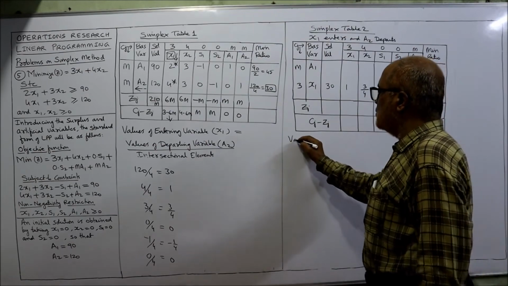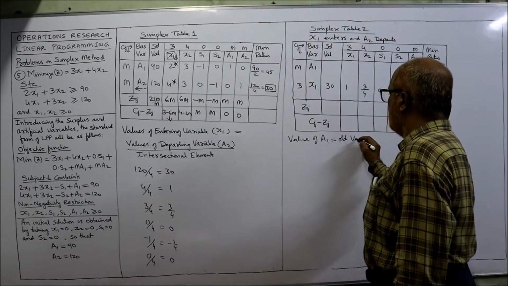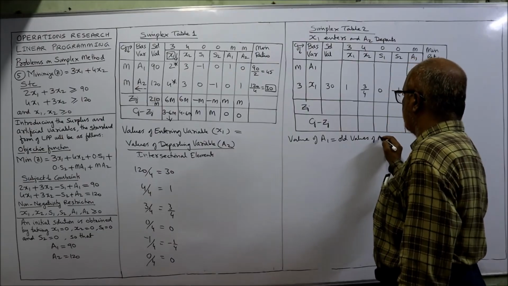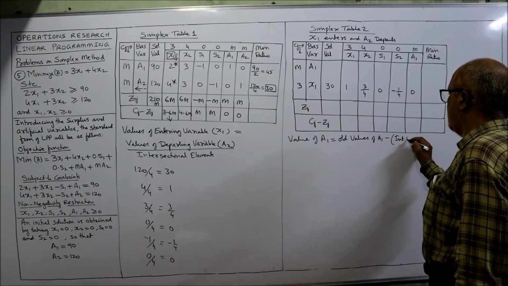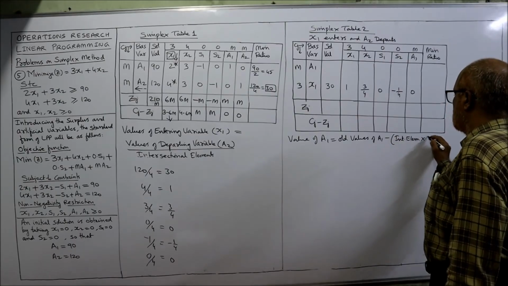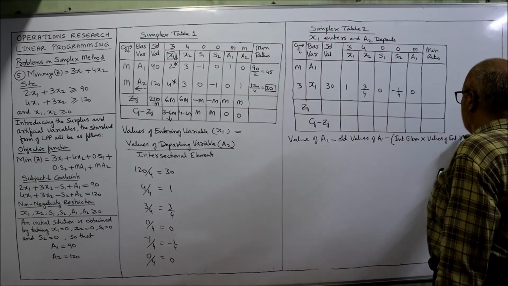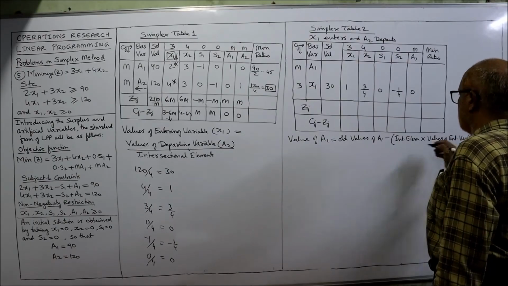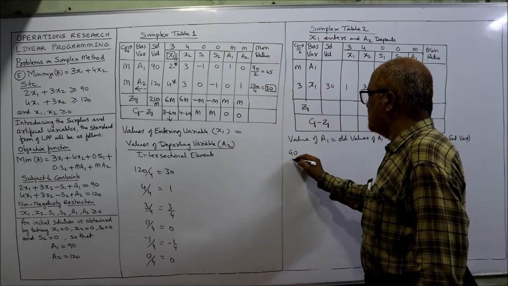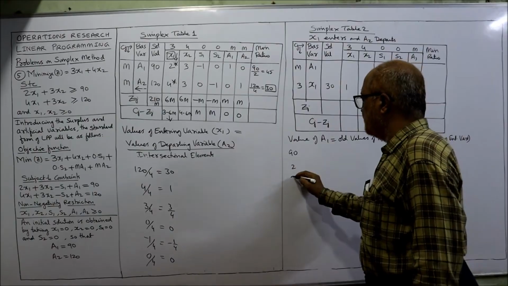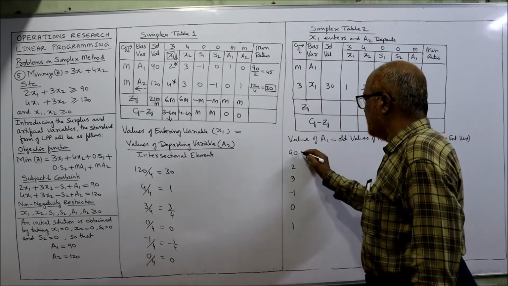Now we need the values of A1, which is equal to the old values of A1 minus intersectional element into values of the entering variable. So what are the old values of A1? 90, 2, 3, minus 1, 0 and 1.